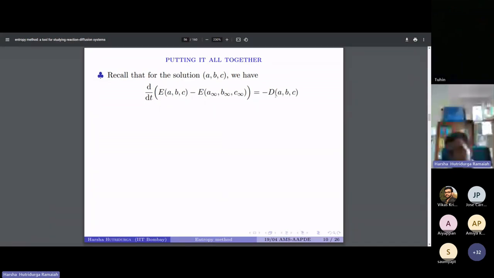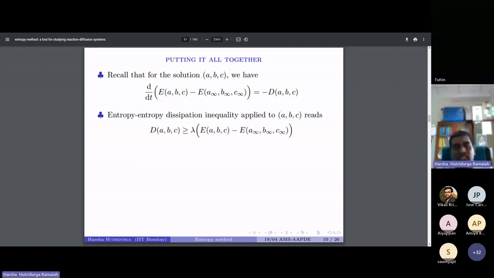That's what we proved by just integration by parts. Now we have simply subtracted 0 from it, nothing more. So we get this. And in the previous slide, we showed this entropy-entropy dissipation inequality, and that holds for the solution A, B, C as well. It relates the entropy dissipation with the relative entropy.